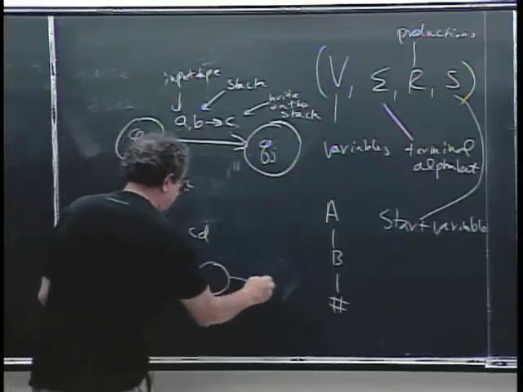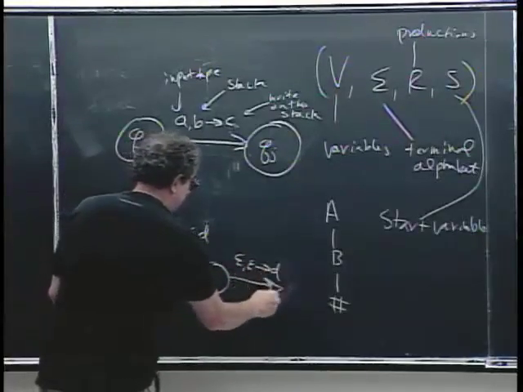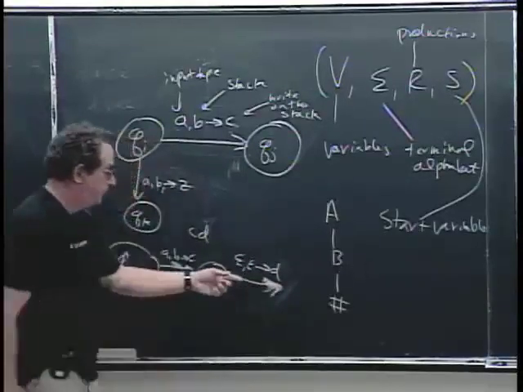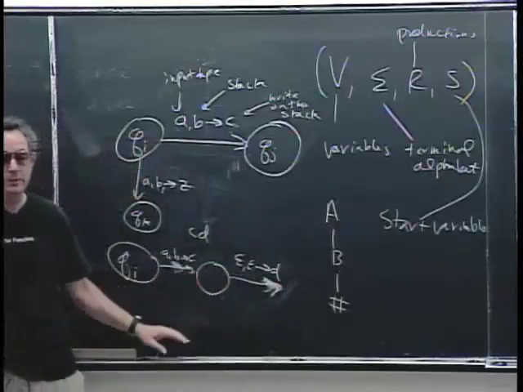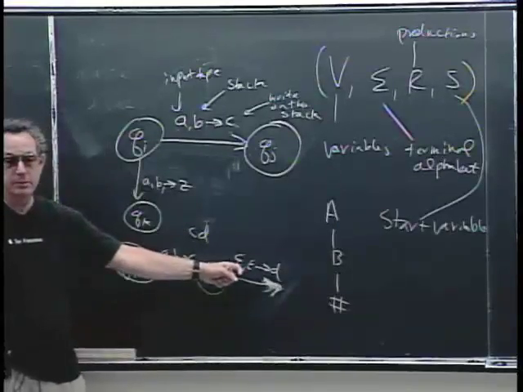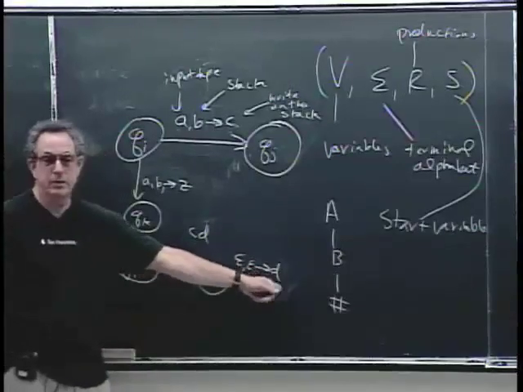Yeah, you can do an epsilon goes to D. As long as that's the only option at that point, that does exactly what you had suggested. This says, don't even look at the tape, at the input. Don't even look at the stack, but push D on it.